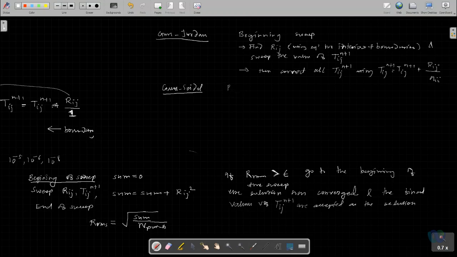The beginning of sweep is the same, and we find Rij using that equation, then correct Tij n plus 1, and then you have to repeat steps 1 and 2 for all grid points.